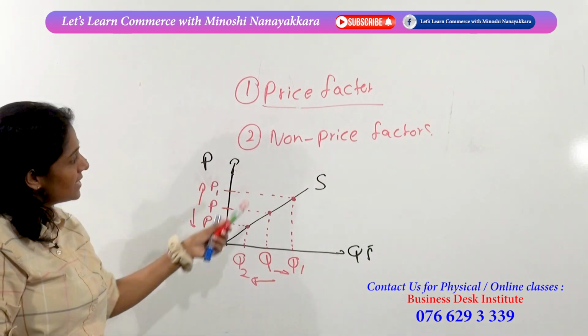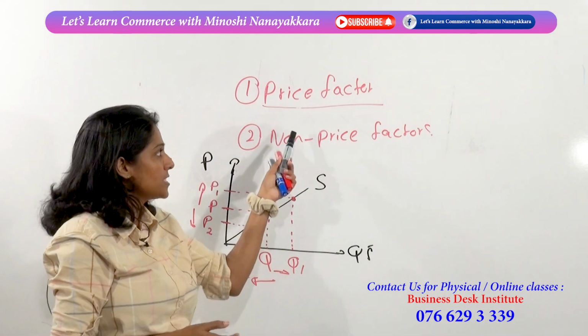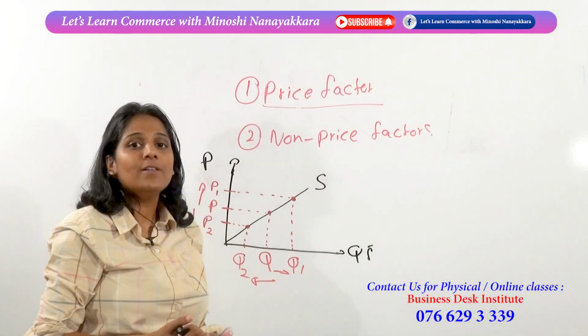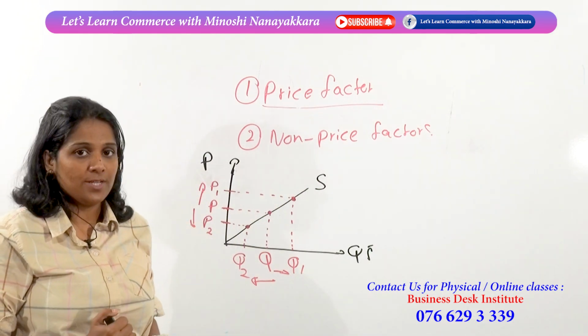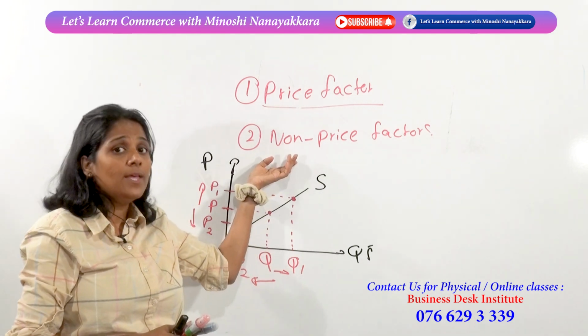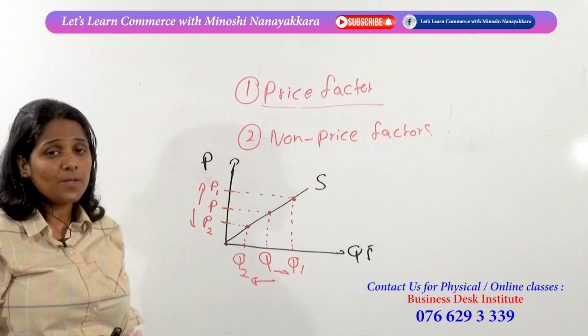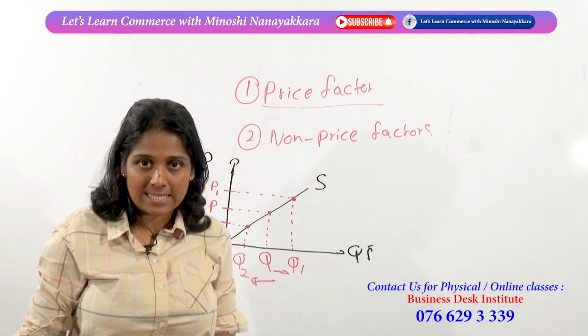Right. Then the next thing, non-price factors. As with demand, for supply also, it's not always our product price that is changing. Right? We are talking about the other factors also. So if it is not the price, we are telling it's non-price factors. What are these non-price factors? We'll see. Right?